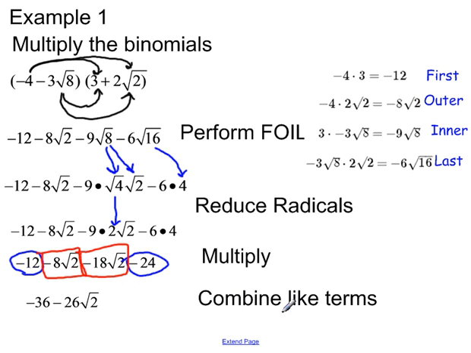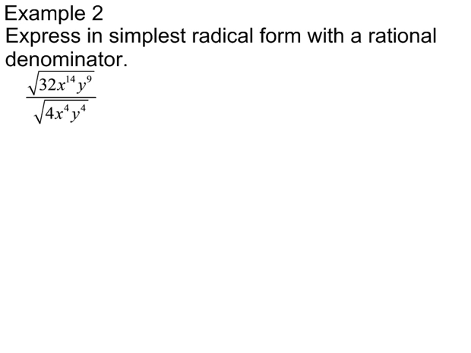Remember, when you combine the like terms, you leave the radicand alone. You just combine coefficients. Only coefficients you combine. Believe it or not, that says coefficients there. It says only coefficients. Okay, our next and last example involves division of radical expressions.